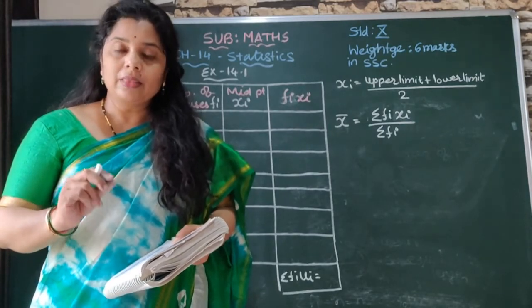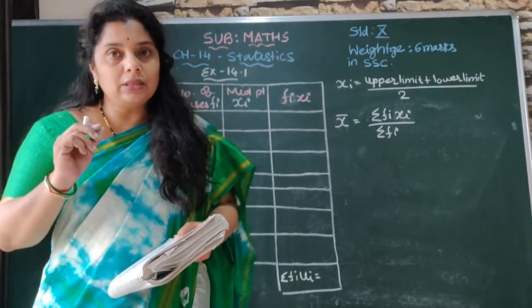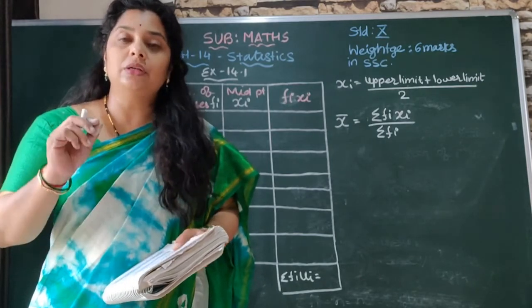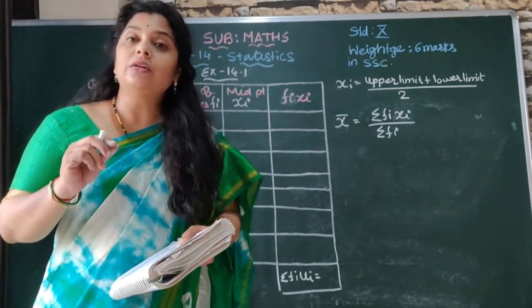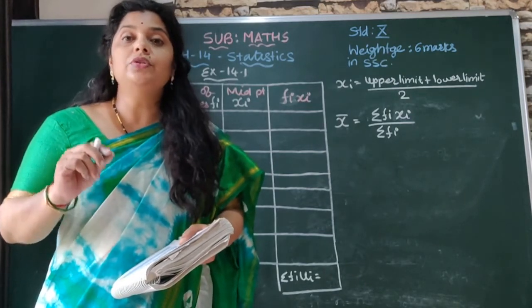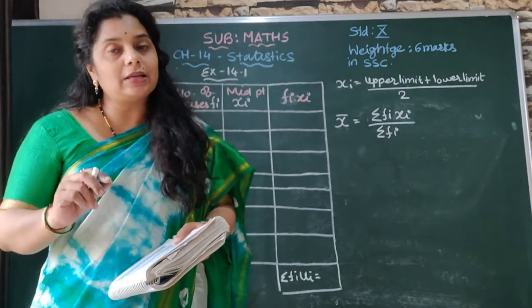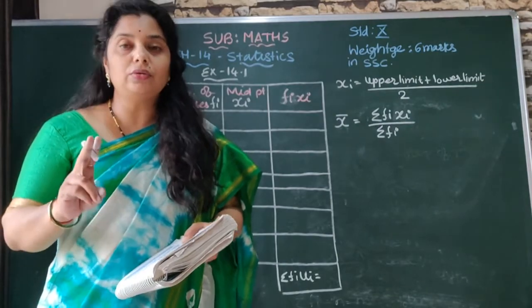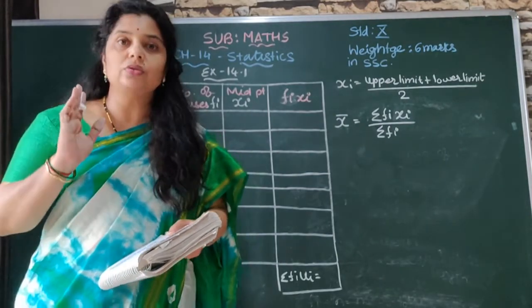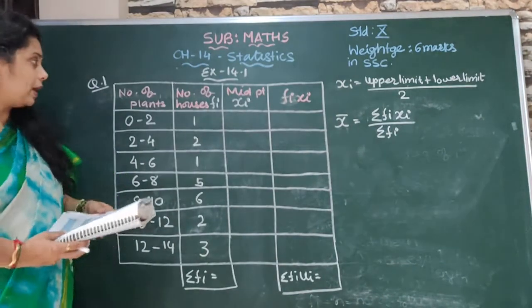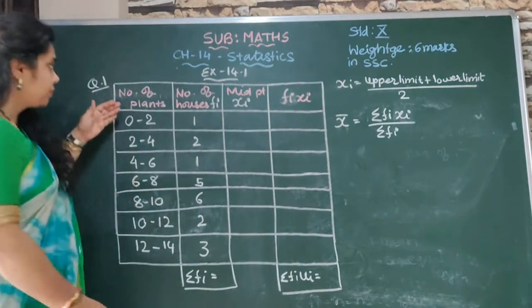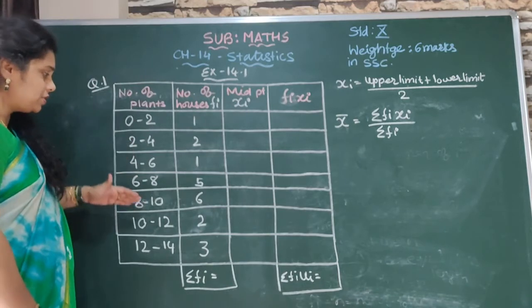Is it clear? In any given question, if the numbers or values of xi and fi are small, then we should prefer to select a direct method to find out mean. Okay, so let's start our example. Let's start solving. I have already written here the data which are given.